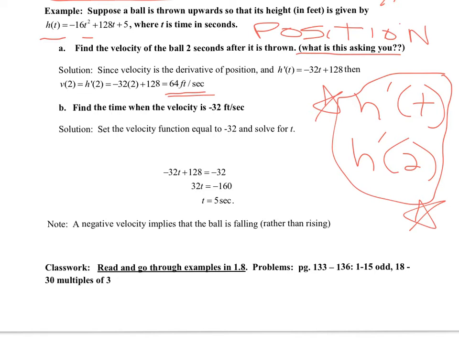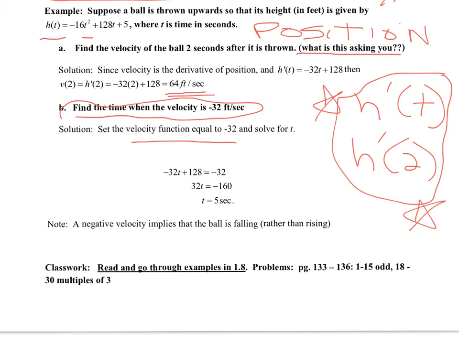Next question, find the time when the velocity is negative 32 feet per second. So in this situation, you're going to set your velocity equal to negative 32 and solve for t. So be able to distinguish between question A and B. They tell you the velocity for B, and they want to know time.